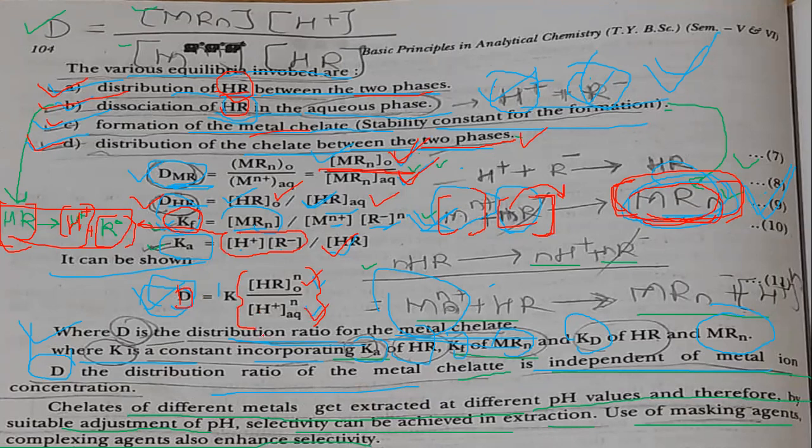So this is the distribution ratio of the metal chelate.